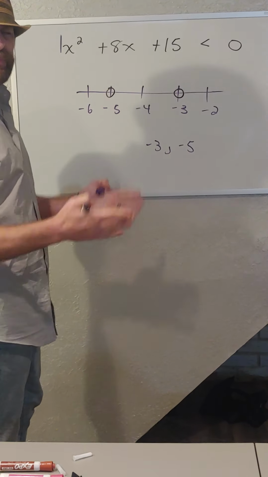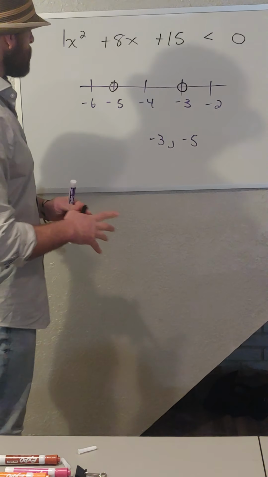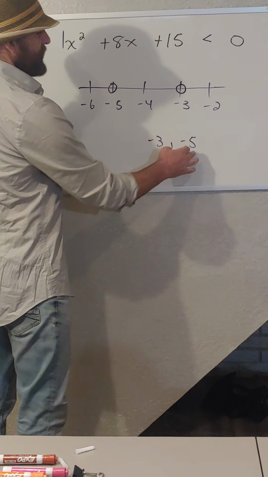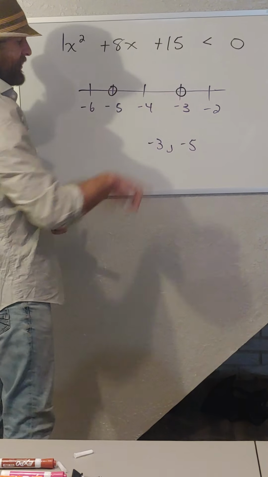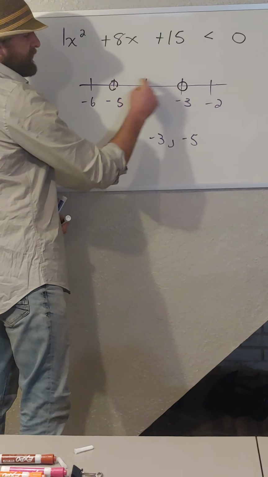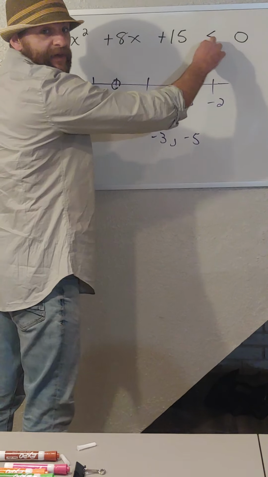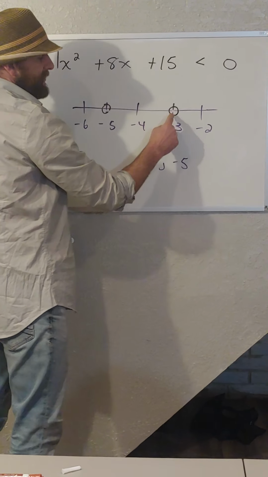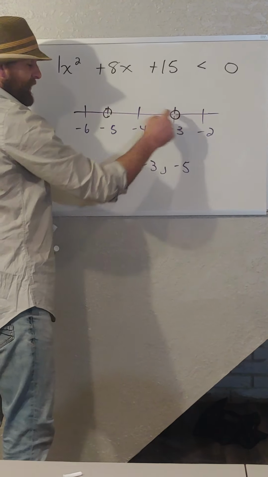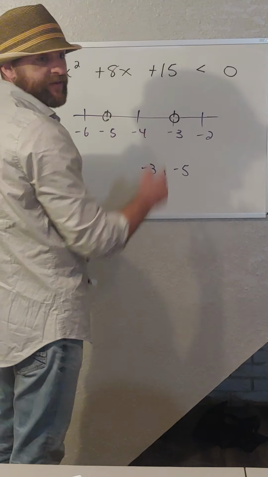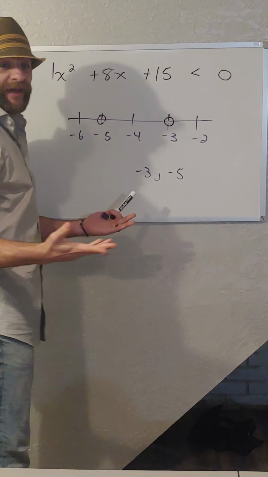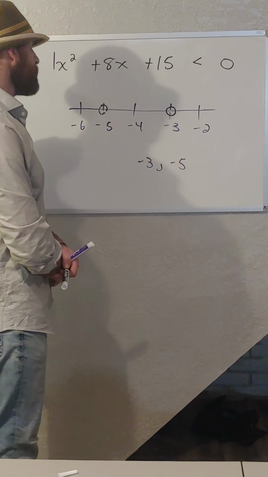Remember, you could also use parentheses as well. Then what you're going to do is a little test region. Now remember, these would be filled in circles or brackets if this had a line underneath it. So keep that in mind. If this has a line underneath it, those would be either filled in circles or brackets. It's optional depending on the problem and the instructions.